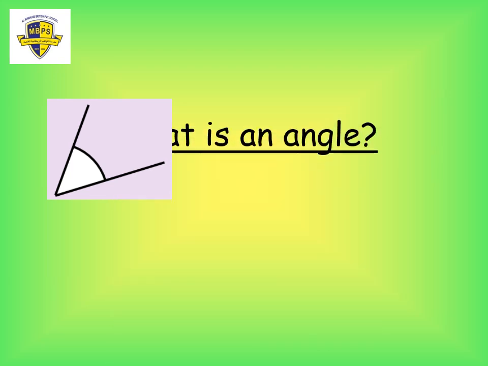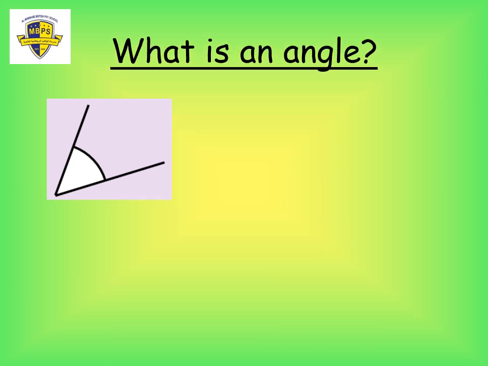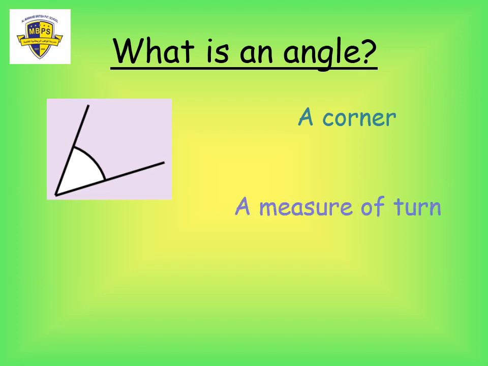Before we start, let's remember together what the meaning of an angle is. Who can remind me? Good, one of you says this is a corner. Or it's a measure of turn.